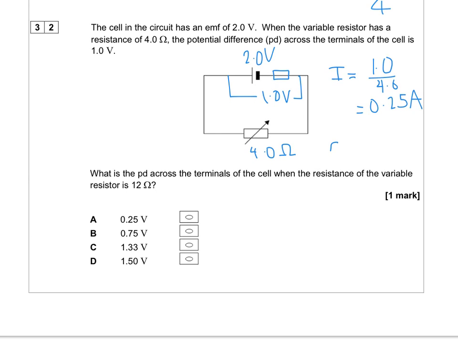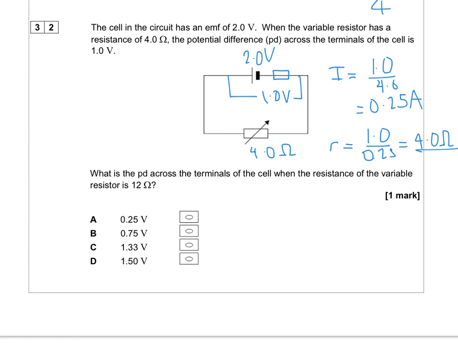And so the internal resistance will be the potential difference lost across it, which is 1, divided by 0.25, and that gives you 4.0 ohms. And you could have got that straight away because essentially potential difference is being shared between the internal resistance and the external equally, so you knew it must be the same as the external resistance.